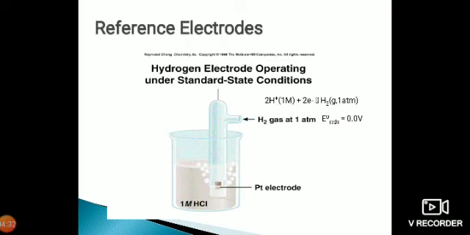For oxidation, you can write H2 giving rise to 2H+ plus 2 electrons. For reduction, 2H+ plus 2 electrons giving rise to H2. The EMF of this standard hydrogen electrode is arbitrarily given a value of 0 volt at all temperatures.